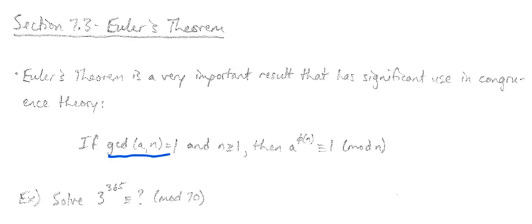This is just one more tool that I am offering you to maybe make your life a little bit easier. But the main thing you have to check before you jump in and use it is, are your a and your n value relatively prime? If they are, then go ahead, use it. If they're not, then you cannot use this theorem.